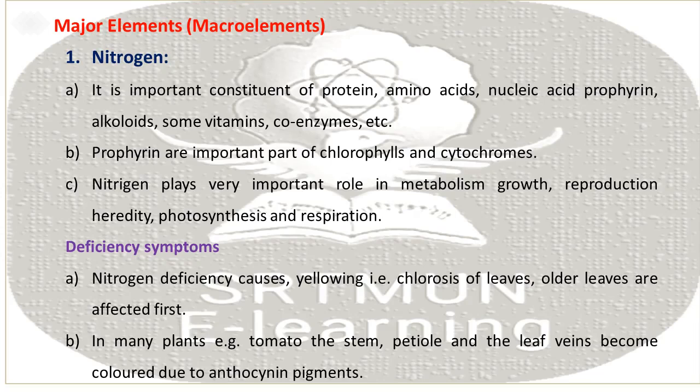Now, deficiency symptoms. First of all, nitrogen deficiency causes yellowing, that is chlorosis, of leaves. Older leaves are affected first. Second, in many plants, for example tomato, the stem, petiole and leaf veins become colored due to anthocyanin pigments.